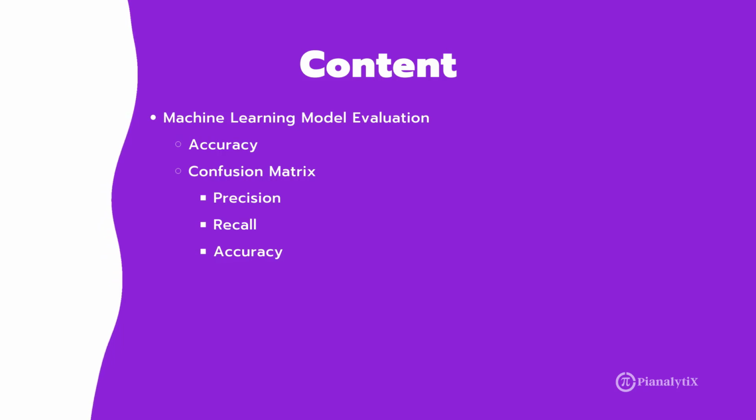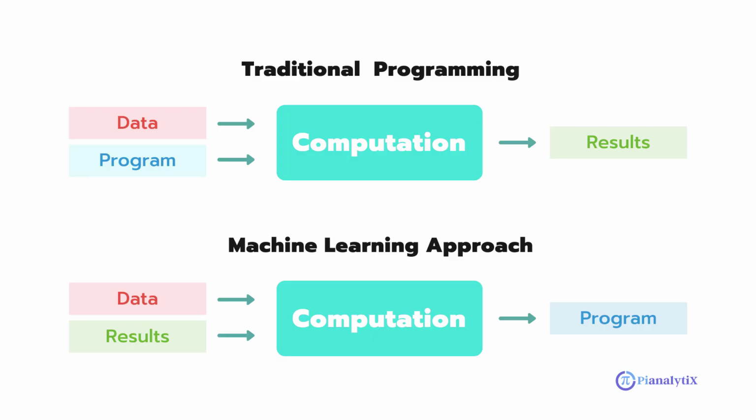Great. So now, what's the difference between the traditional and machine learning approach? In our traditional approach, we usually have data and a program, and we insert them into our machine and get the result. But in the machine learning approach, you have data and you have the result.